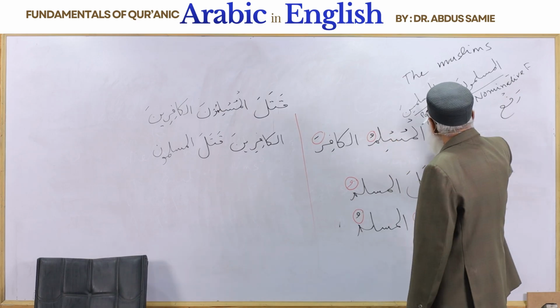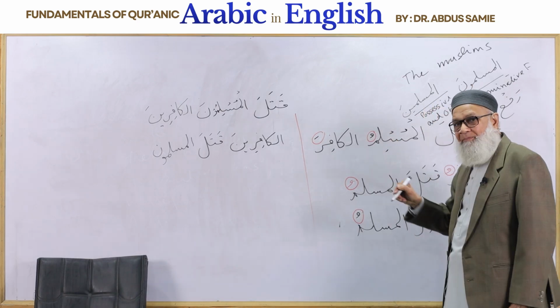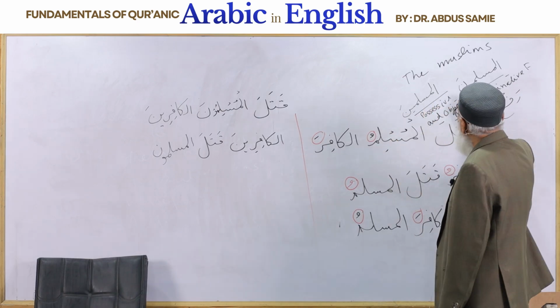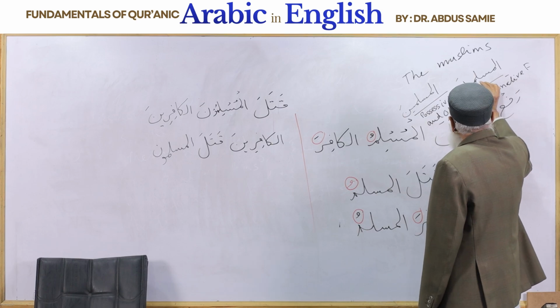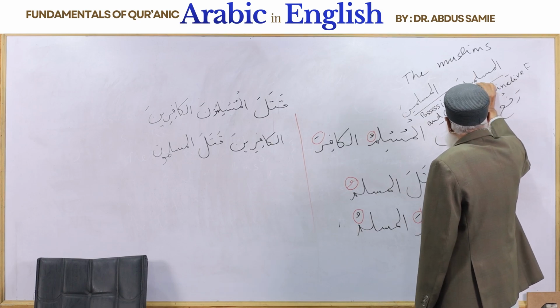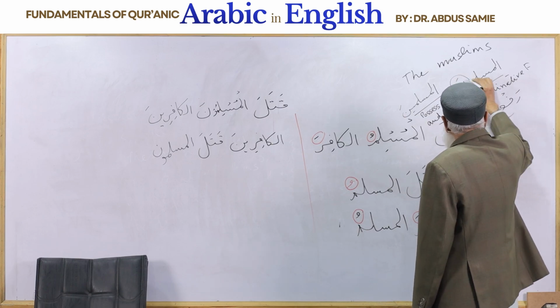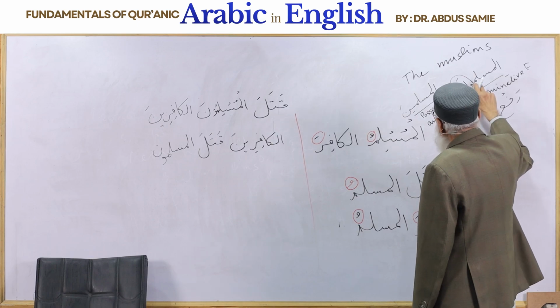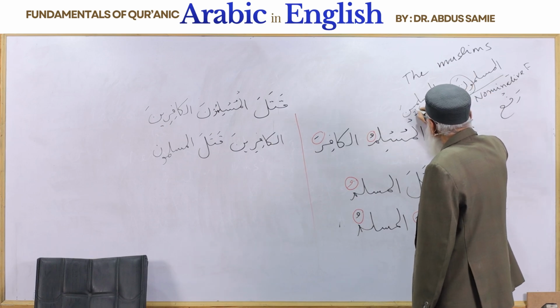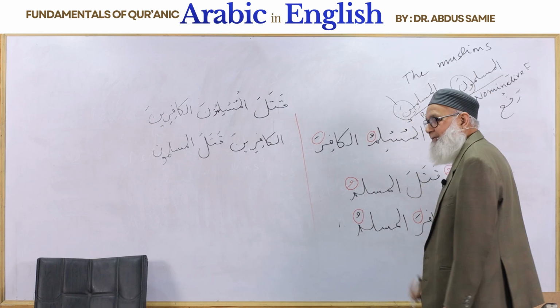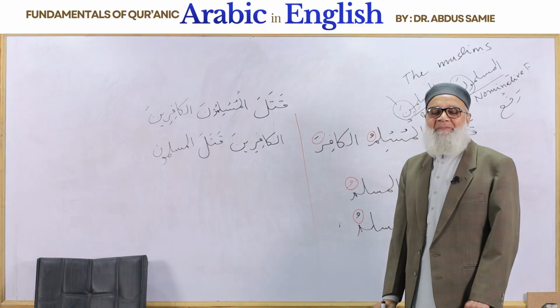Now, the i'rab of the plural form lies here. If it is giving the una sound, it is the nominative form. And if it is giving the ina sound, then it is the possessive or objective form.